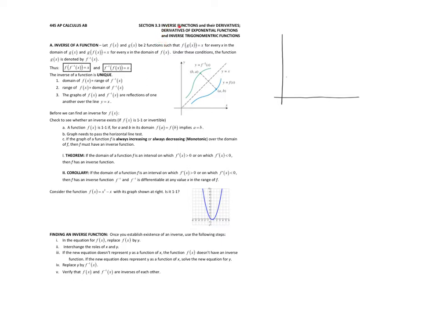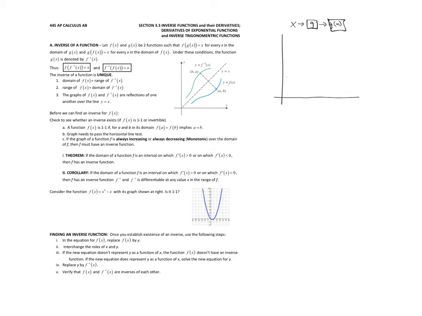So we're going to first focus on inverse functions. Everybody should remember what it takes for two functions to be inverses of one another. Basically, if f and g, as I talk about here, are inverses of one another, that means whatever g does to x, when you apply f to that result, you're going to return back to your original value. So let's say x goes into the g function, and it comes out as g of x.